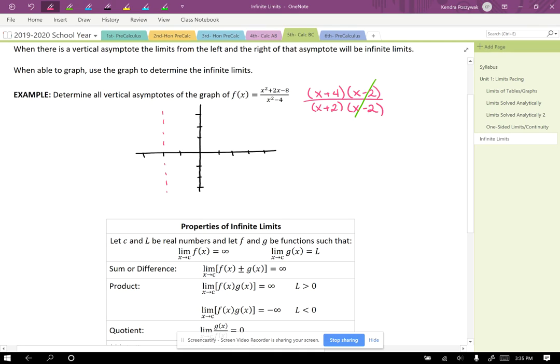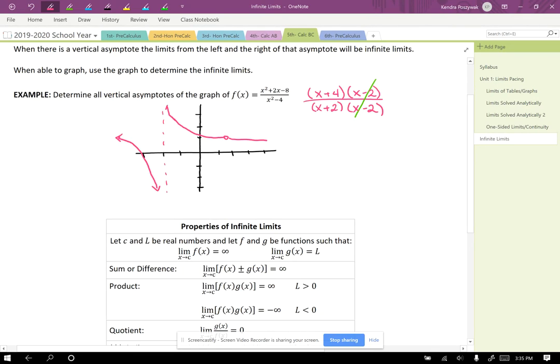At 2, we've got a hole. As we graph this, you will see a trend with our graph.